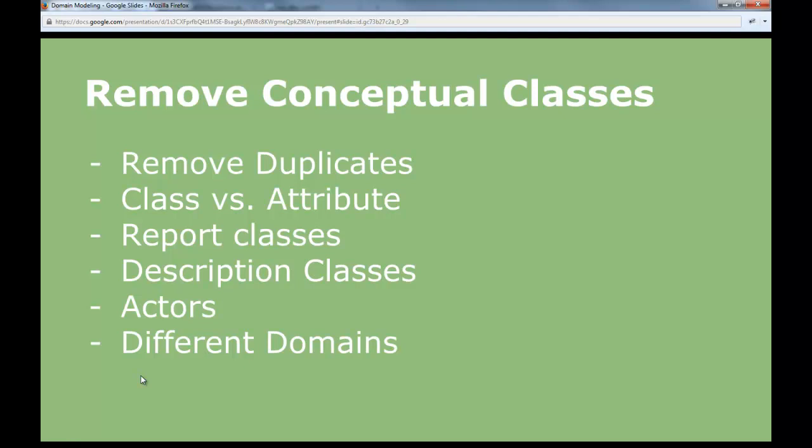Often we have duplicates, things that are actually the same. Sometimes they have different names, but they are the same. It is not uncommon that a certain type of user names a concept something, and another kind of user names the same concept something else within the same organization.